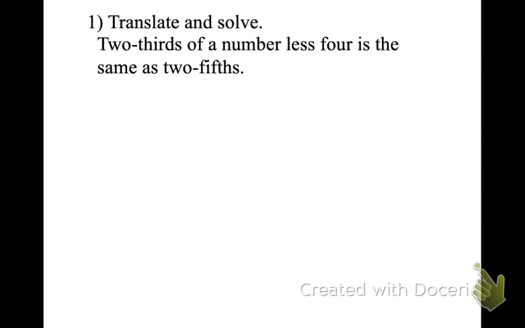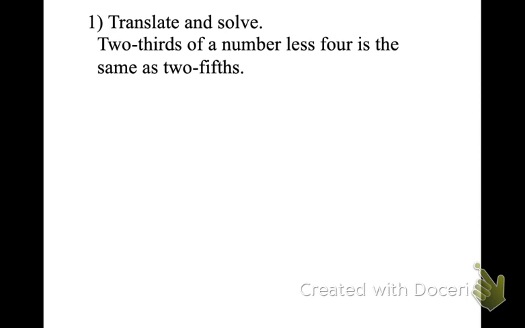We're going to have some translating first, and then we have to solve. So it says 2/3 of a number. What is my unknown? Let's define it. We can say n stands for number or x stands for number. We know 2/3 of means multiply.